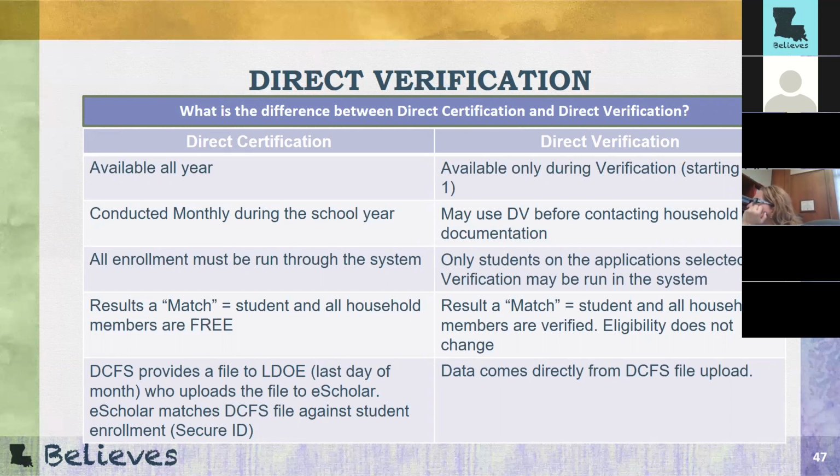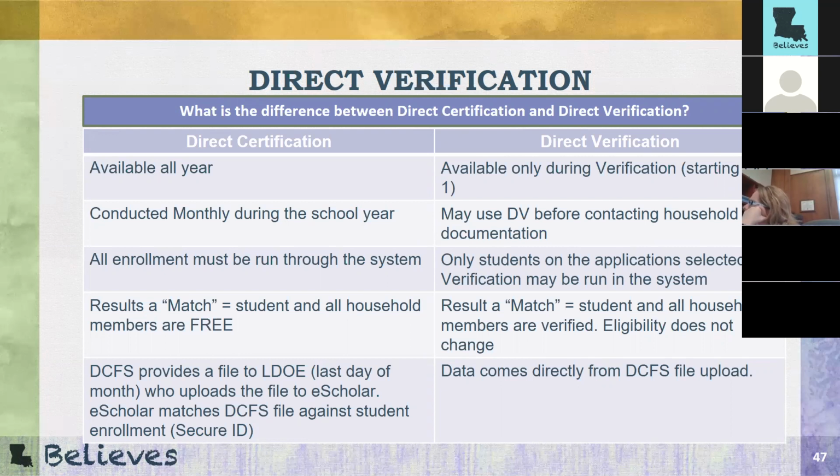Direct verification involves using public records from public agencies to verify household income or household participation in an eligible program, helping relieve families of additional paperwork and reducing the gap in meal benefits for eligible children resulting from non-response. Direct verification may be completed at the state or local level or through a joint effort at both levels.